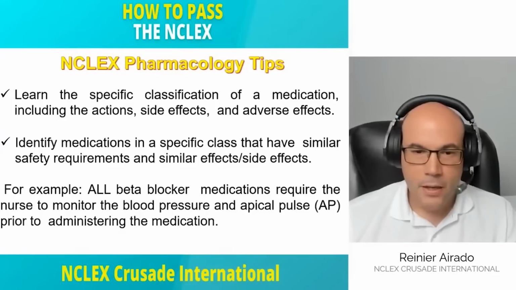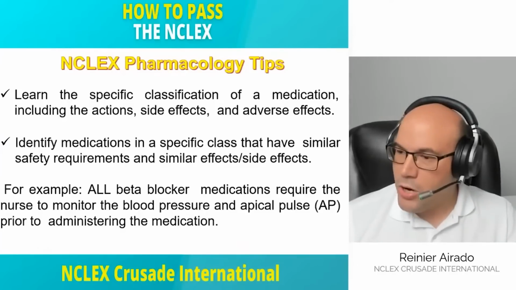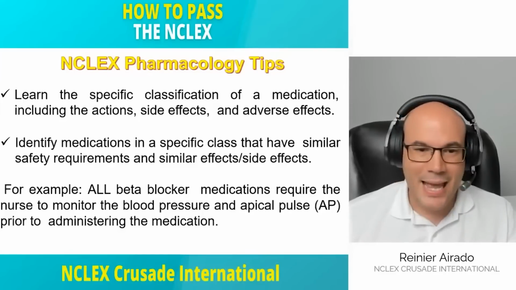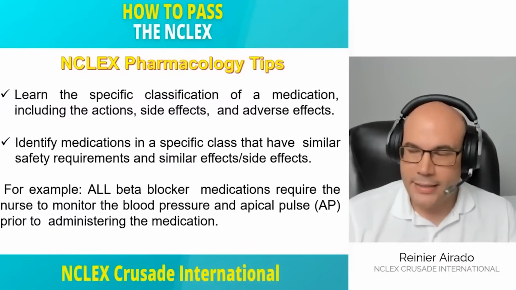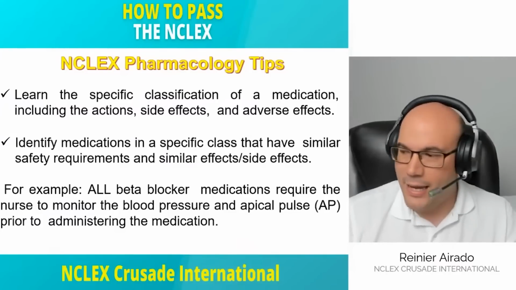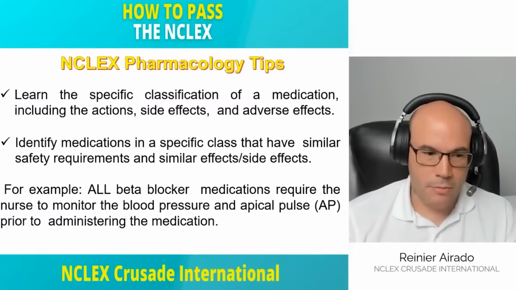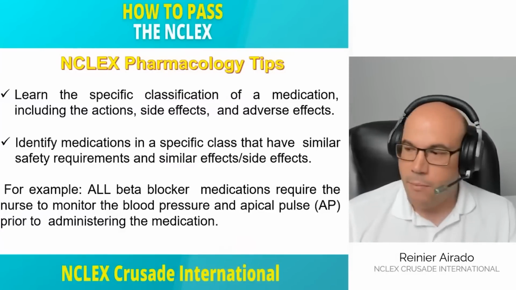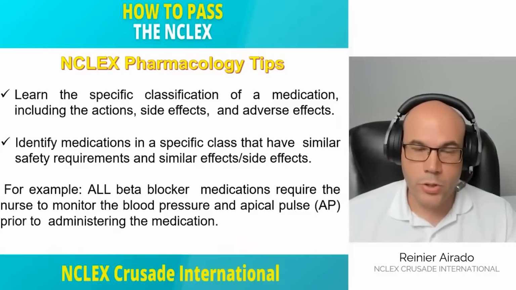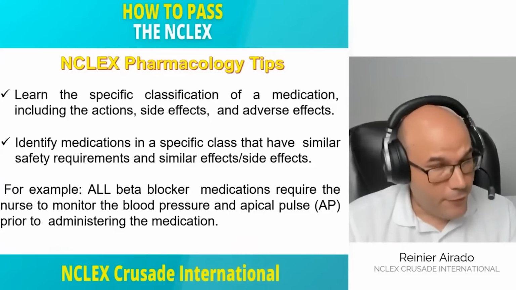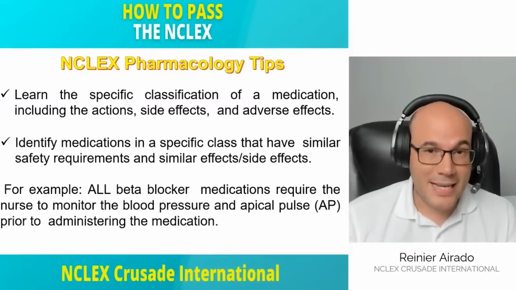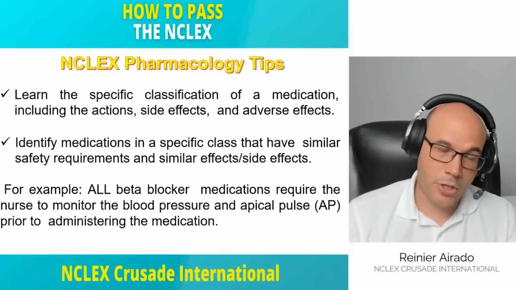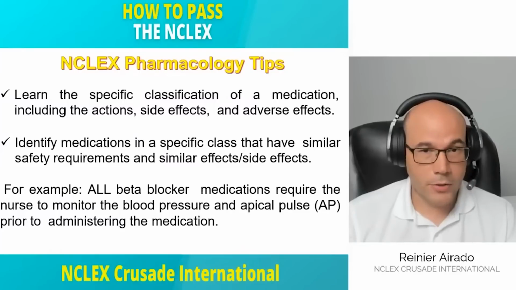For example, when we're studying beta blockers, remember that it is an important safety nursing action to check the blood pressure and the apical pulse. Why? It is a safety measure. Why is that a safety measure? Because beta blockers will reduce the blood pressure, specifically the heart rate. So before you administer the medication, part of your assessment is to assess the blood pressure and to assess the apical pulse.